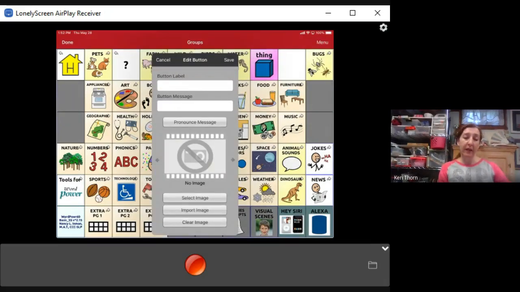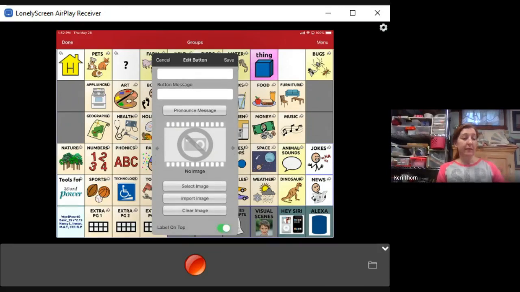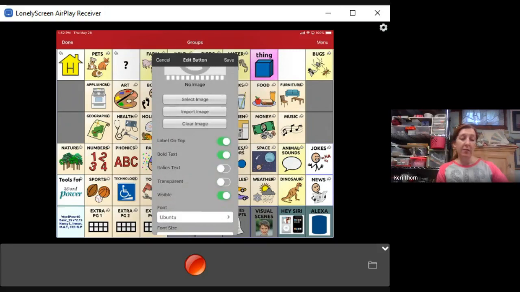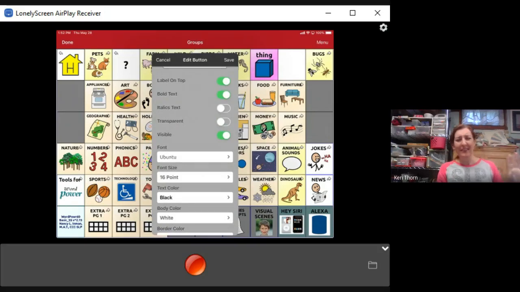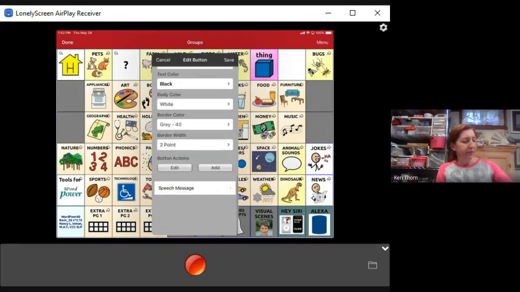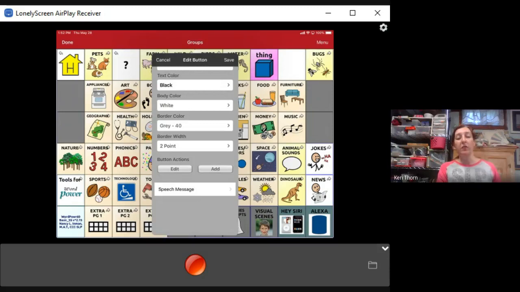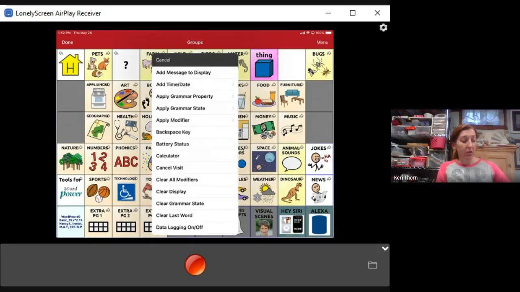What do you want the button to say on the screen itself? Message. What do you want to say? You can select an image from their library, or you can import it from the camera in the device. All this other stuff is fonts and things like that. You don't have to worry about that stuff. And the last thing is an action. What do you want the button to do? It automatically defaults to speak the message, but they do have lots of other fun things you can make it do.